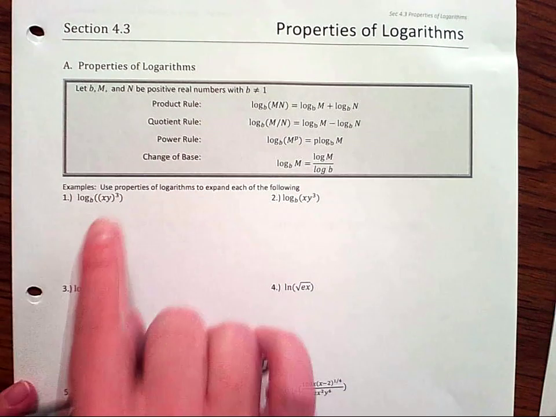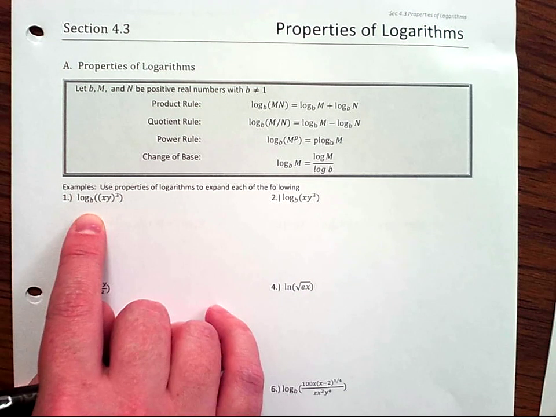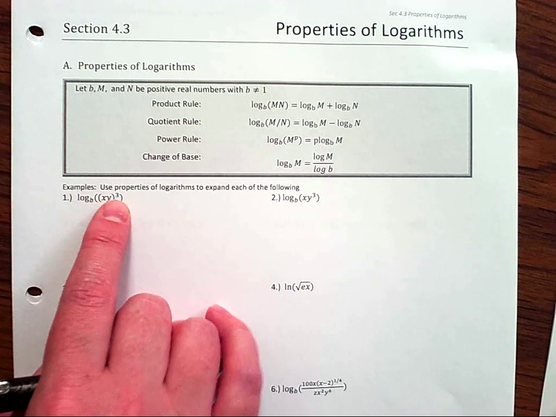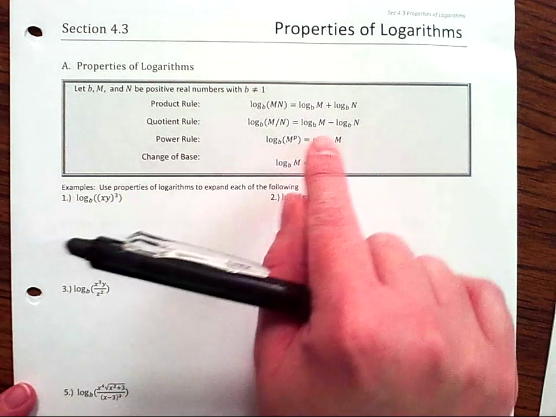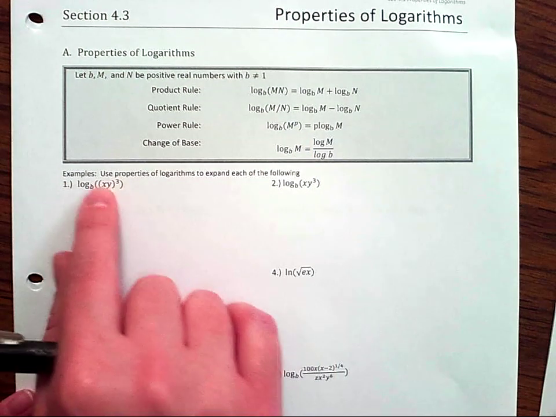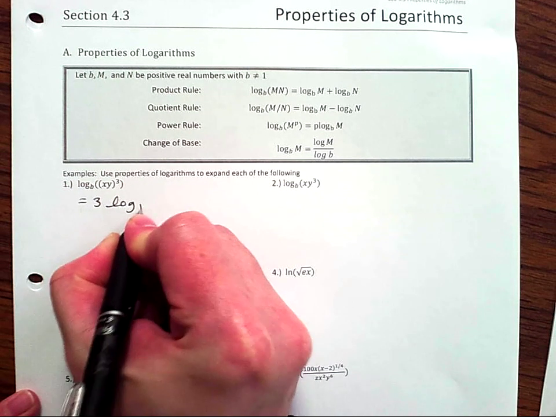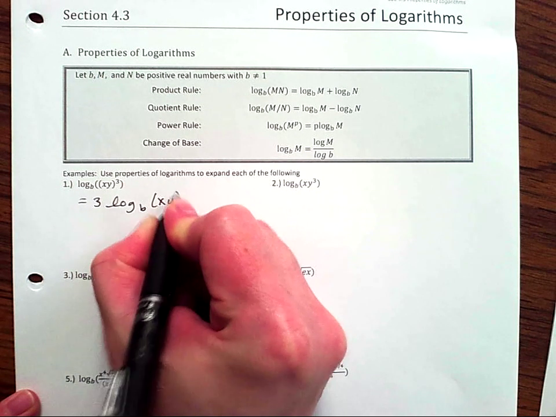All right, so let's try to use the properties of logarithms to expand each of the following. Log base b of x y to the third. Notice that that exponent is on the inside of the logarithm function, right? That's all that stuff to the third power. So I can rewrite that as 3 times log base b of x times y.